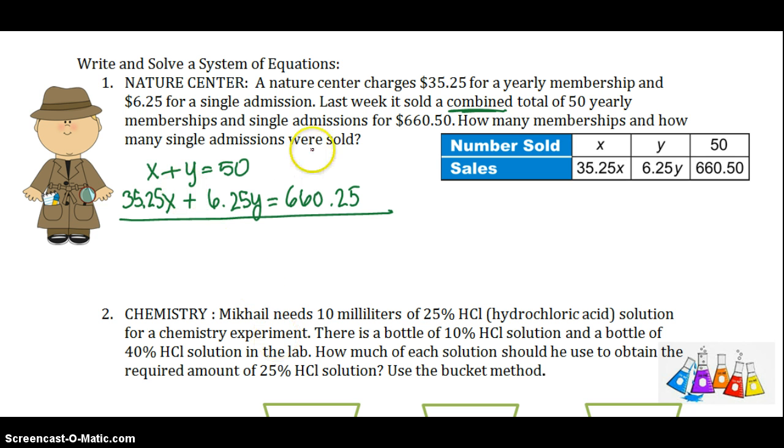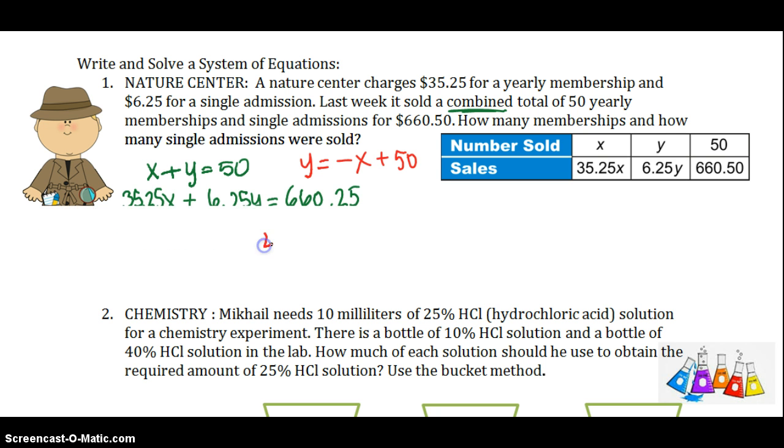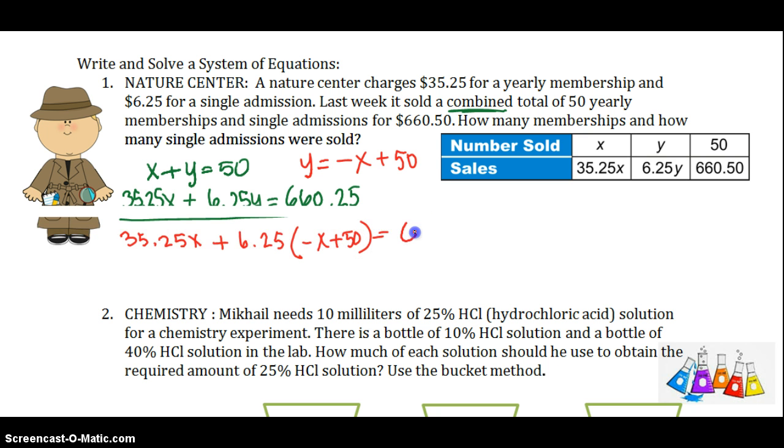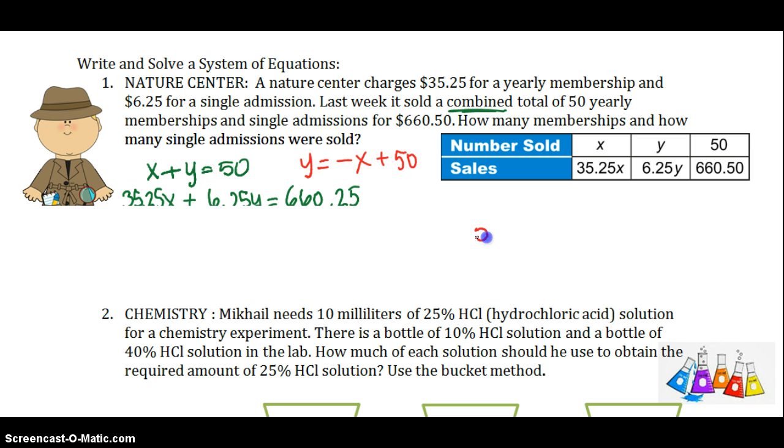So step number 1 says to isolate a variable. I'm just used to isolating y, so we'll make that a negative x plus 50. And now I'm going to substitute that into my second equation. So 35.25x plus 6.25 times negative x plus 50, that's in place of y, equals 660.25. So just bear with me.